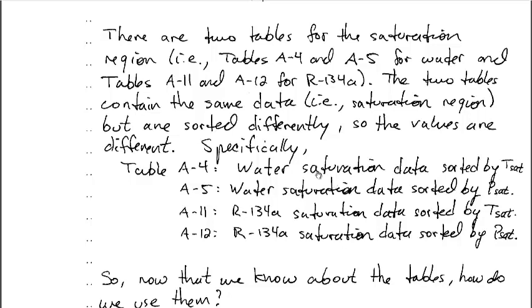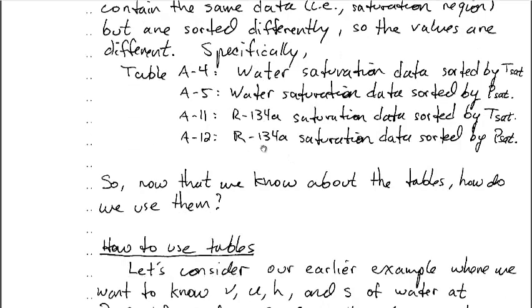That's what I have summarized down here. The data is the same, but because the data is sorted differently, the values that are in the table will be different. But it's all still capturing the same two-phase mixture data for that specific substance.